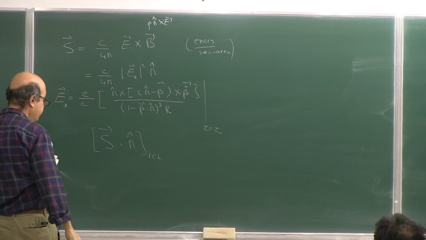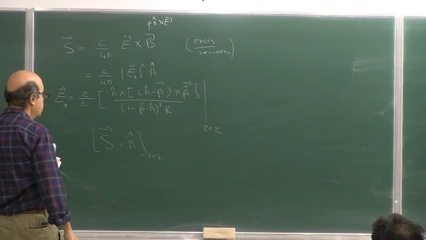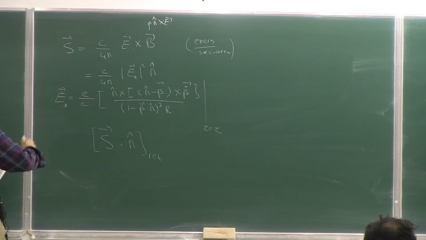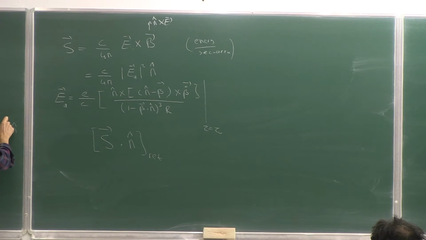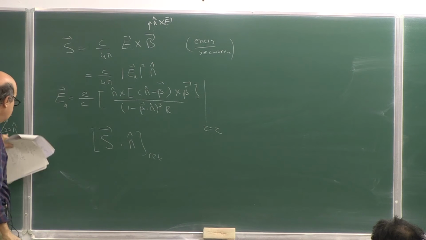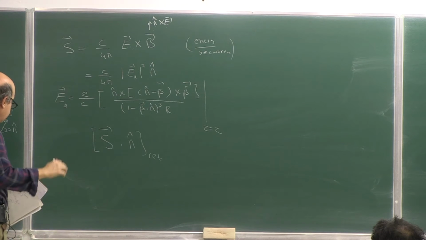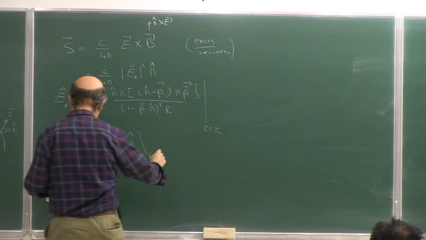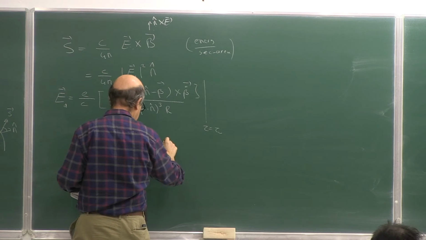This is the intensity, a scalar quantity and the point of interest. S is the vector and n is perpendicular to the surface through which the waves are propagating. So S dot n is the intensity passing through any surface.